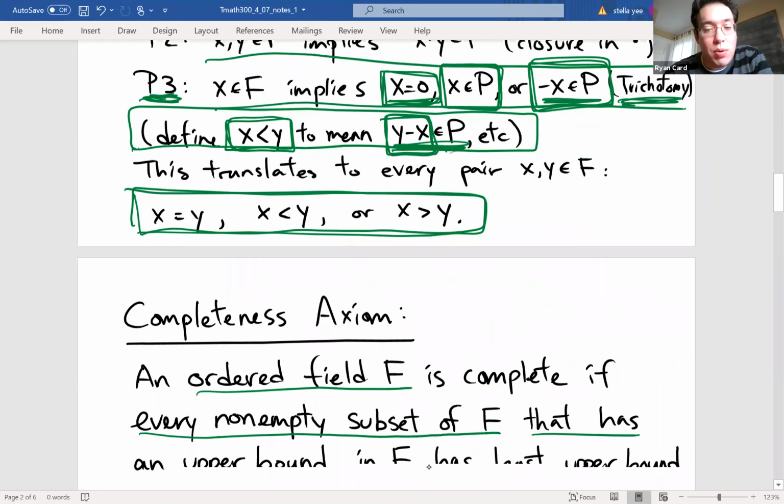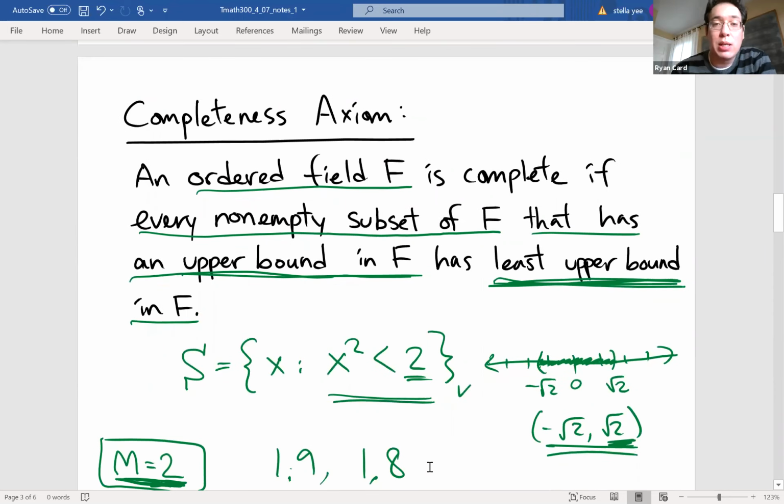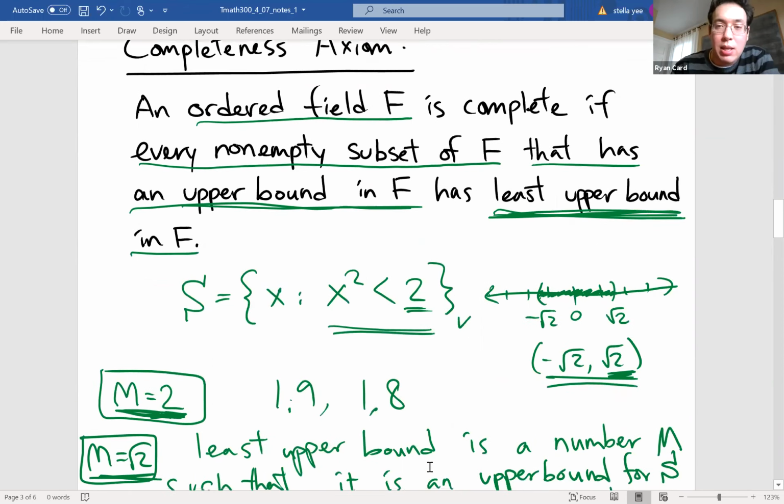The only difference between rational numbers and real numbers is that rational numbers are not complete. The square root of 2 is not a rational number. Every time you find an upper bound of a set, it's possible that you could have an infinite descending sequence of slightly smaller upper bounds for the set.